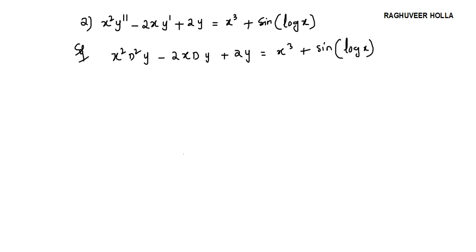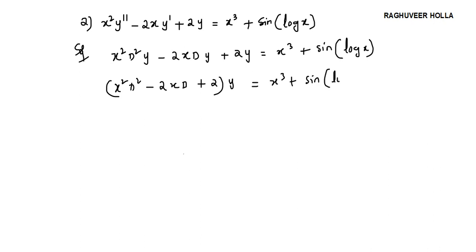Now if I take y outside, I get x square d square minus 2xd plus 2 into y, right? So this is equal to x cube plus sine of log x.